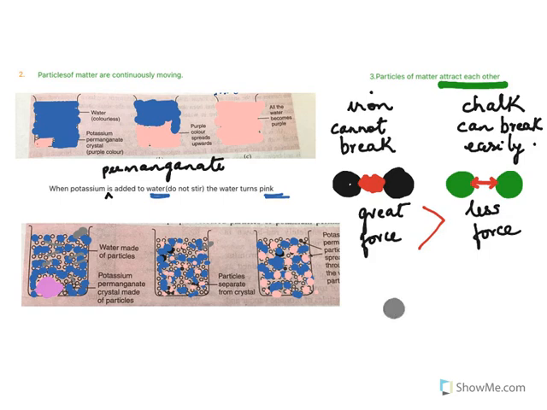So if I have an atom here and another atom here of any matter, and another atom here, so this is matter, and there will always be a force of attraction between these two, between these two particles, and so on.